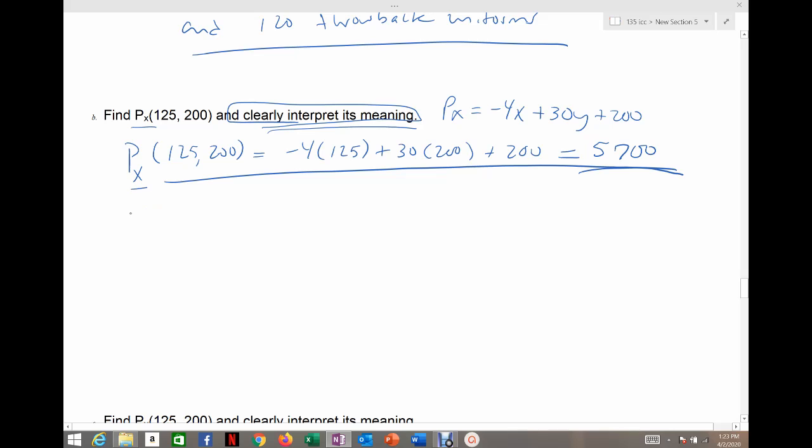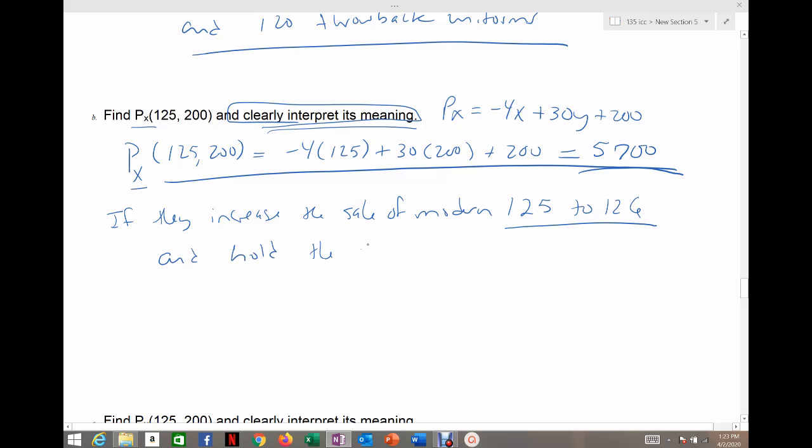The x value is changing, and so if they increase the sale of modern, specifically from 125, remember it's a 1 unit change, from 125 where they're at to 126, and hold the throwback sales constant, not at any value though, it's a specific constant because I actually used it, at 200. So they have to have those two things be true.